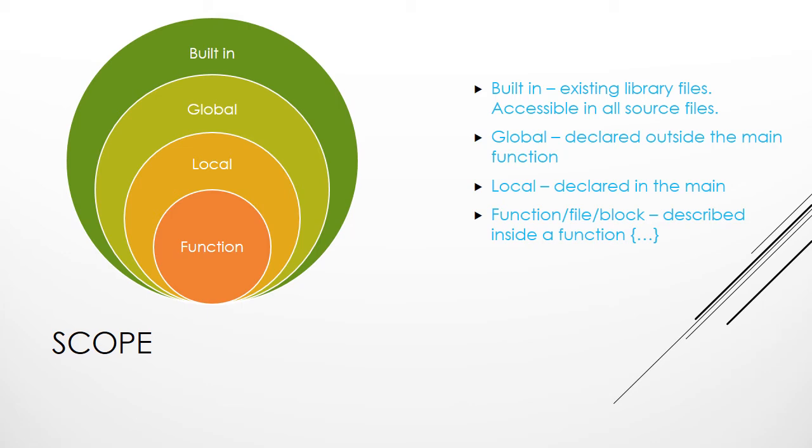The first is built-in. There are many library files, many header files, and we have many built-in variables and built-in functions. For example, if you type sqrt, this means square root. You do not need to define sqrt because the compiler already knew that there exists sqrt as the square root.